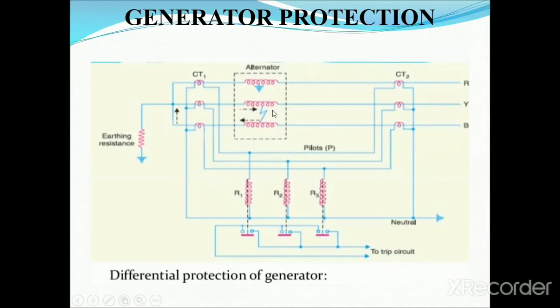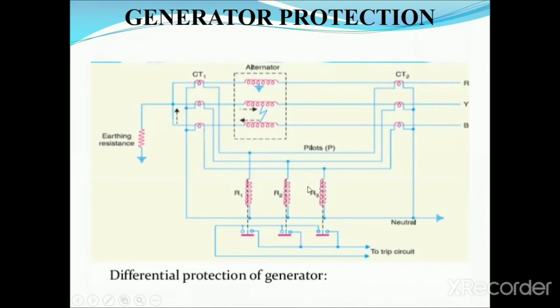This is the generator winding. At both ends of these windings, we connect the two CTs. CT1 and CT2 are connected by using pilot wires. At the midpoint of these pilot wires, we connect the relay coils, that is R1, R2, R3.